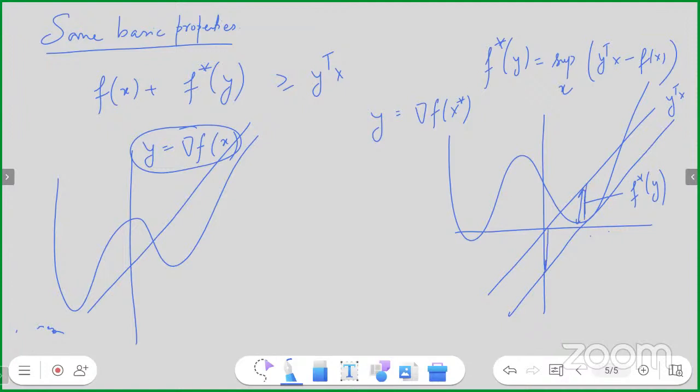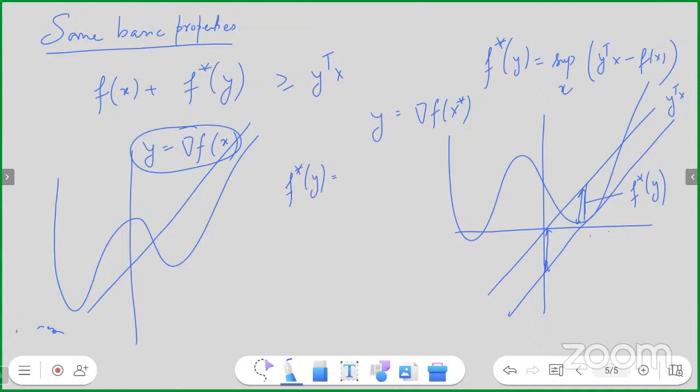Isn't it the same distance as here? So the optimizing point x satisfies this relationship for a fixed y. What does it mean in terms of this picture? Or equivalently, you can plug it back and see what f star of y looks like. So once I put it back, what will I get?